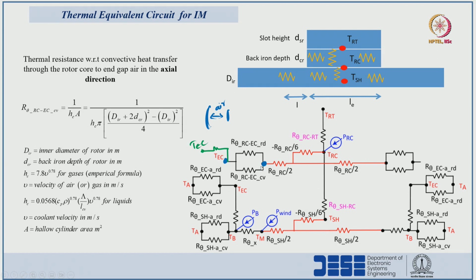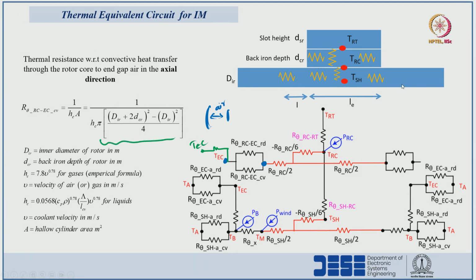The thermal resistance between the rotor core to end cap, or how the heat is transferred through the radiation as well as convection, right. Through the air gap only heat is transferred, that means radiation as well as convection. So, if we see the convection based heat transfer, that is 1 by Hc into A, here also the area with respect to the convective heat transfer method.